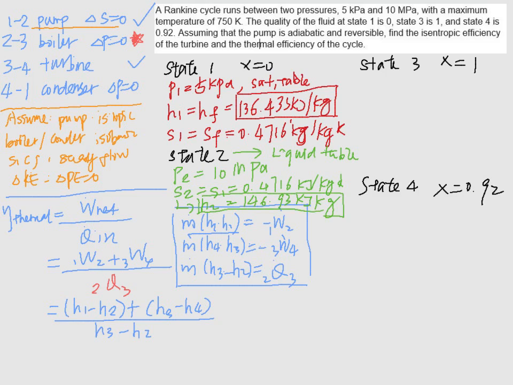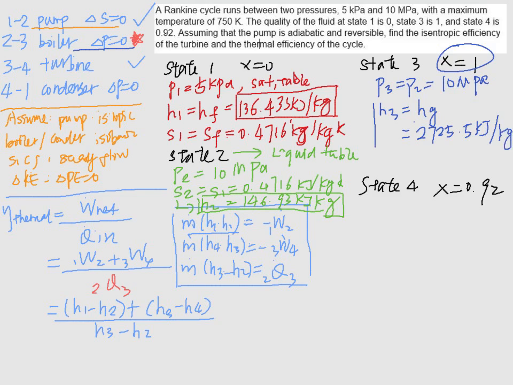Now moving on to state 3. We know from 2 to 3 is isobaric, so P3 is equal to P2, that is 10 megapascal as well. We also know the quality is equal to 1, which means it's in the vapor phase. So this one is very easy. H3 is just Hg at 10 megapascal, and that is 2725.5 kilojoule per kg.